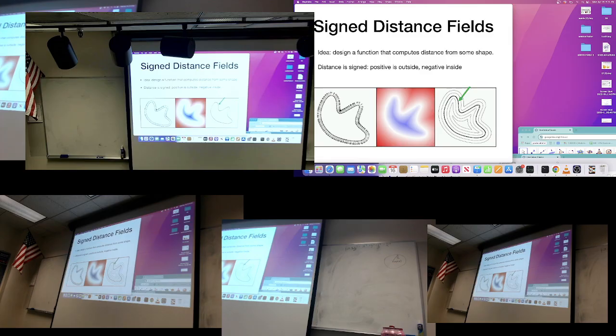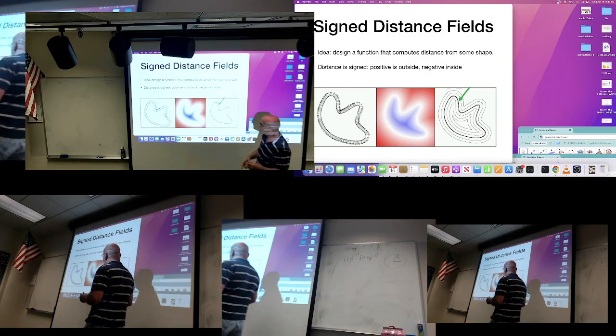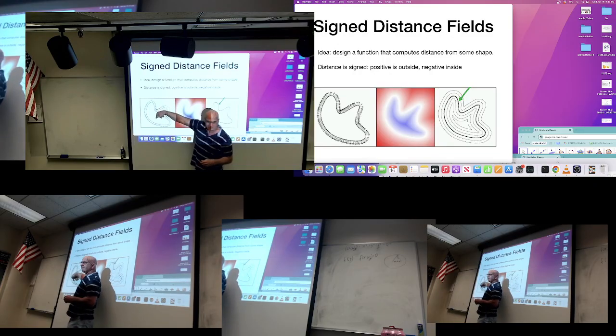Okay, and when I'm talking about the implicit representation of the shape, we thought about it as f of p or f of x, y, z equals 0. That is, these are the points for which the f equals 0, but it would be convenient for various applications to think that f is actually defined for each and every point on the space.